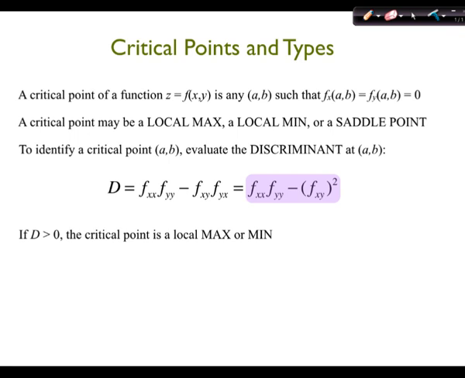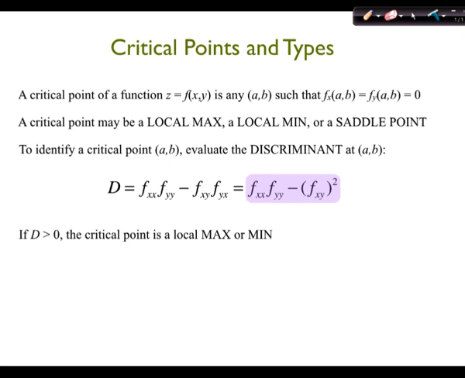If we get the discriminant to be positive, then we know we have a local max or min. Now, how do we tell if it's a local max or a local min? Right, we're going to look at the second derivative. If the second derivative is negative, then what do we mean?